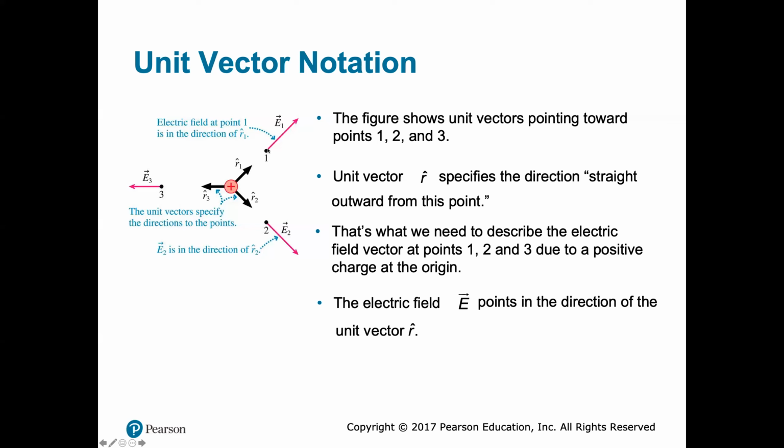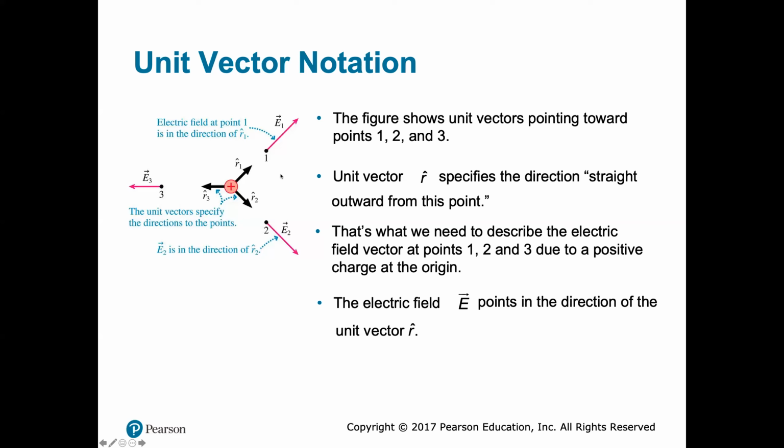Let's say we want to use a unit vector to indicate the direction of the electric field at some positions. Then we can use r hat. That's what we need to describe the electric field vector at points 1, 2, 3 due to a positive charge at the origin. The electric field E points in the direction of unit vector r hat.